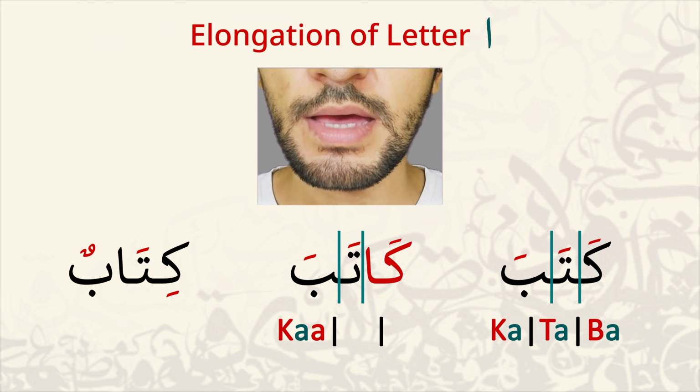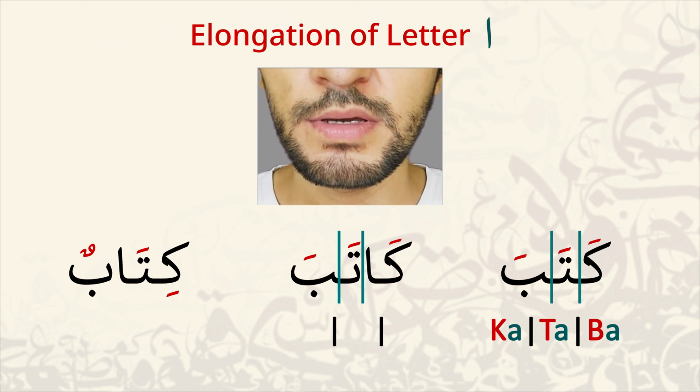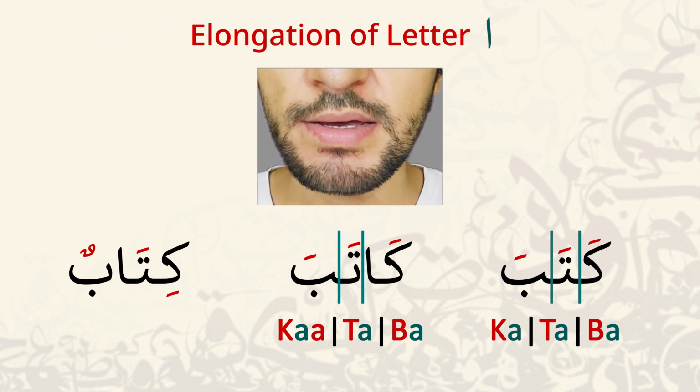K, K. The second and the third syllables are the same as in the first word. The second one is T, and the third is B. The syllables of this word are K, T, B. Altogether, كتب.